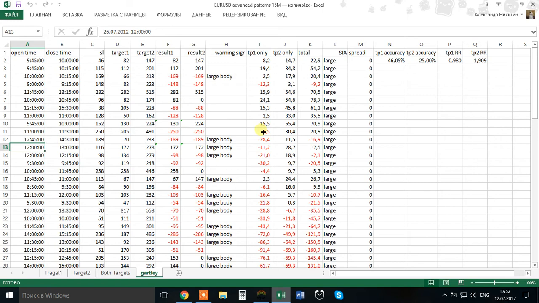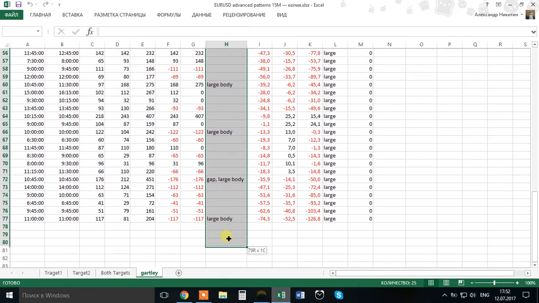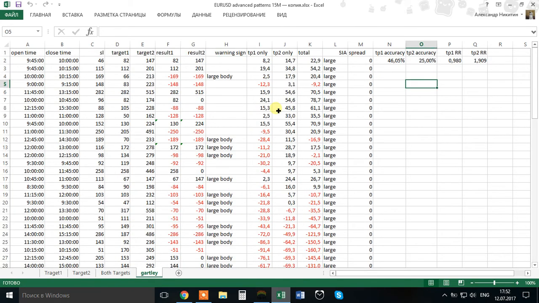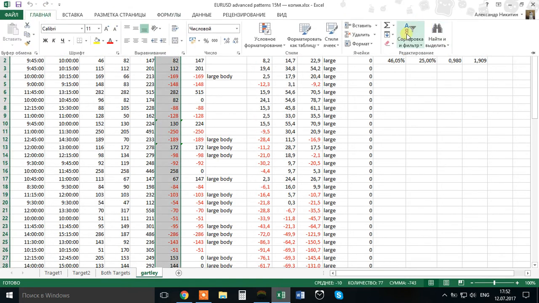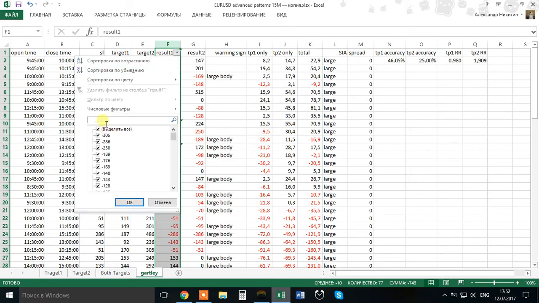Okay, let's calculate how many of those large bodies we have. So in total we have 25. Okay, let's do some filtering. Let's go to result, maybe this one. Let's go to filter. We had 25 total, and let us choose only negatives.